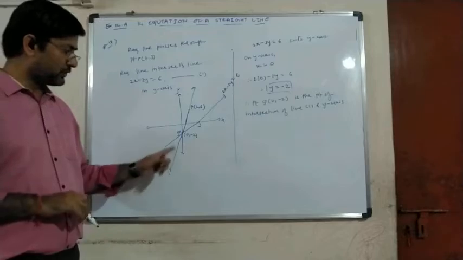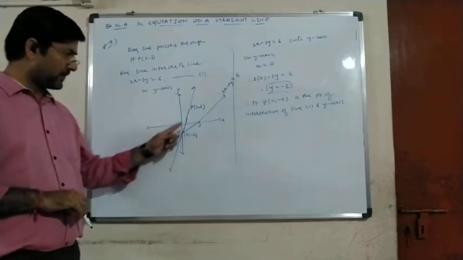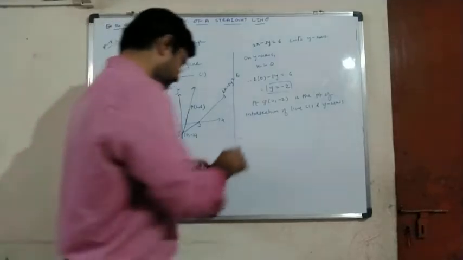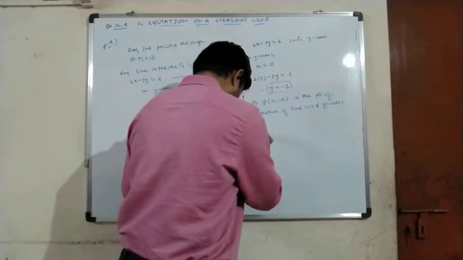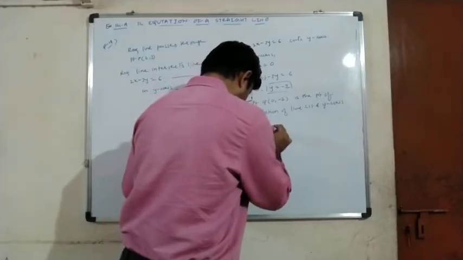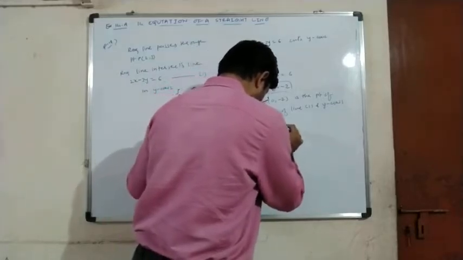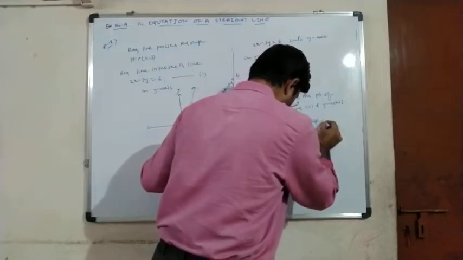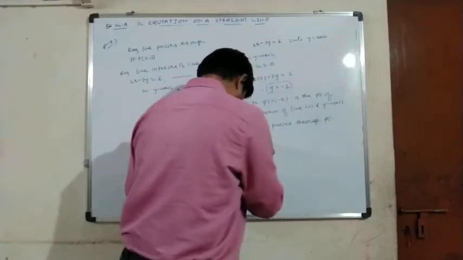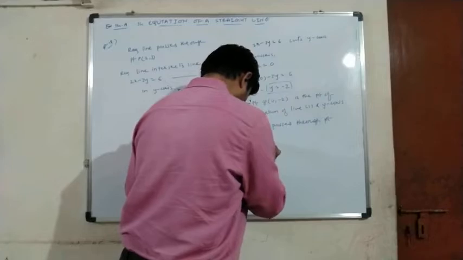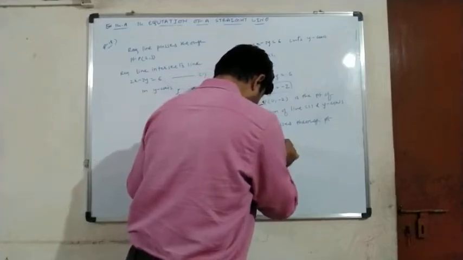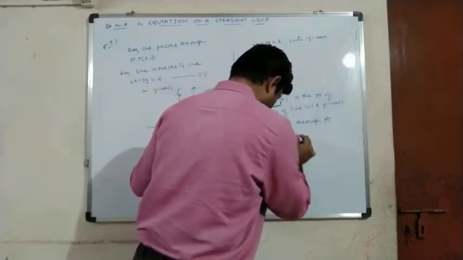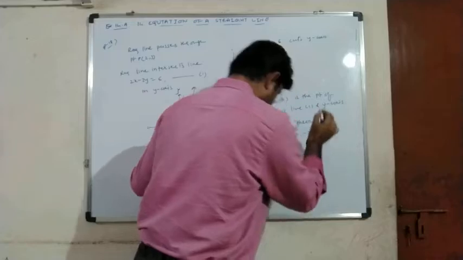Now the required line is also passing through point Q, and one more point P is given. The required line passes through point P 2 comma 3 and Q 0 comma minus 2.